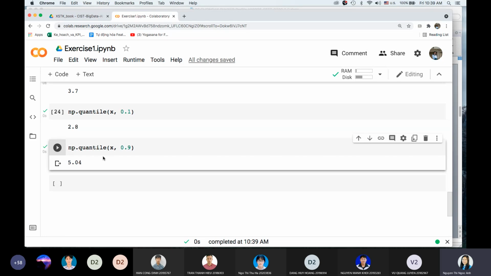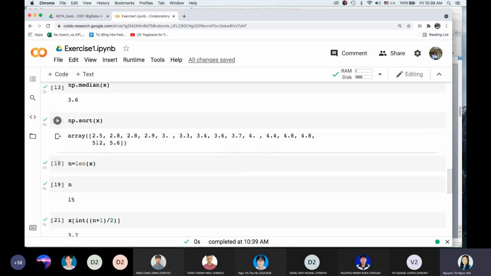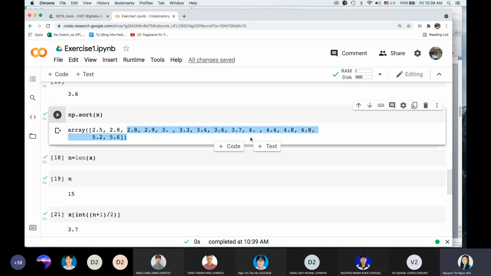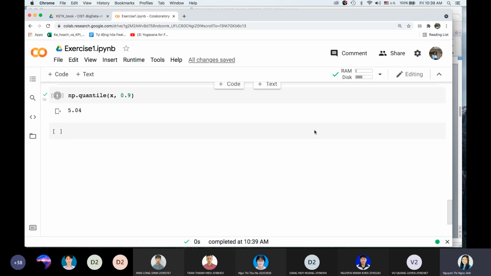The value is 5.40. So we remove 5.2 and 5.6. So when we trim the two smallest values, 2.5 and 2.8, and the 10% largest, 5.2 and 5.6, we have this new data.